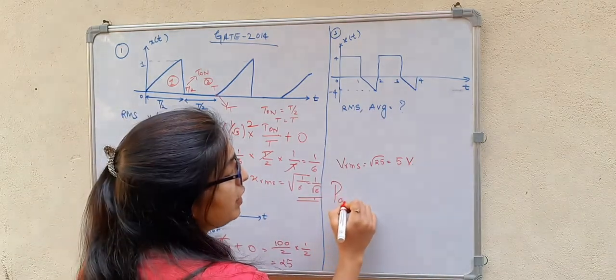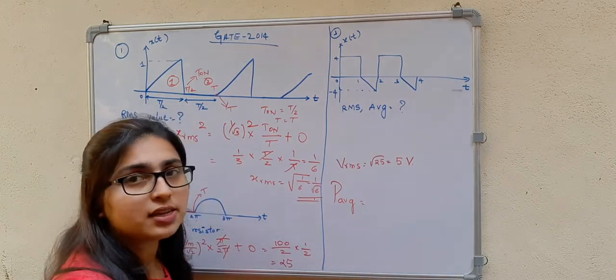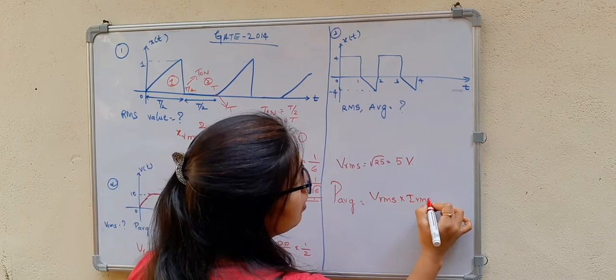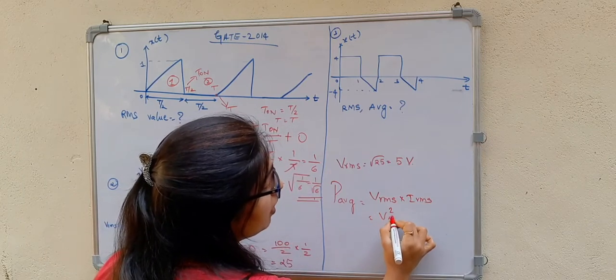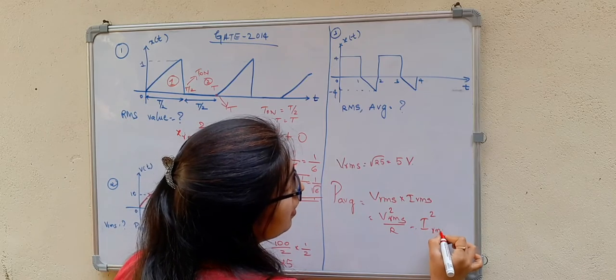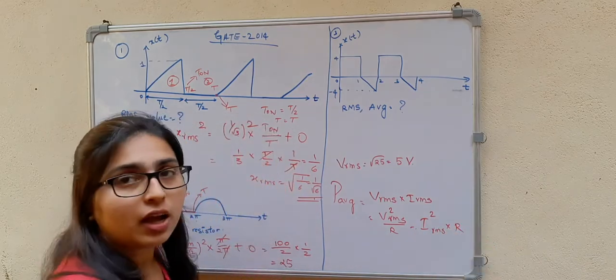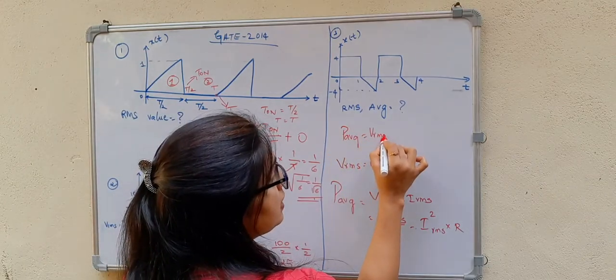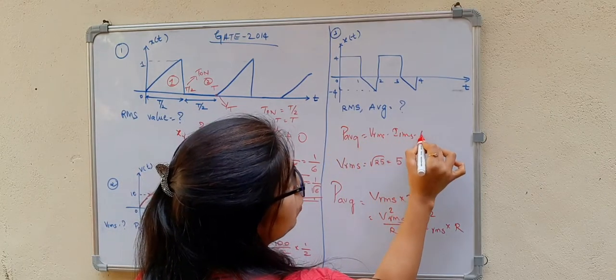And the average power dissipated in the resistor is equal to V RMS into I RMS, or V RMS squared divided by R, or I RMS squared into R. Actually, the average power can be written as V RMS into I RMS into cos theta.